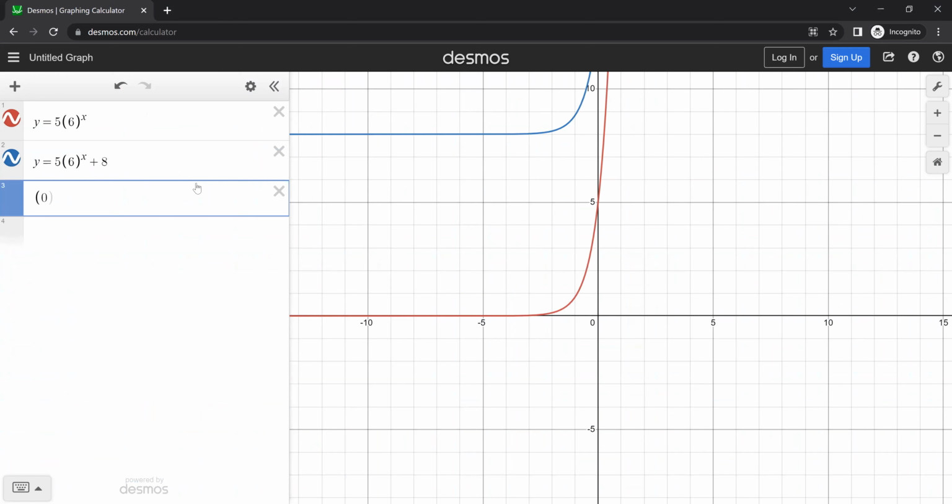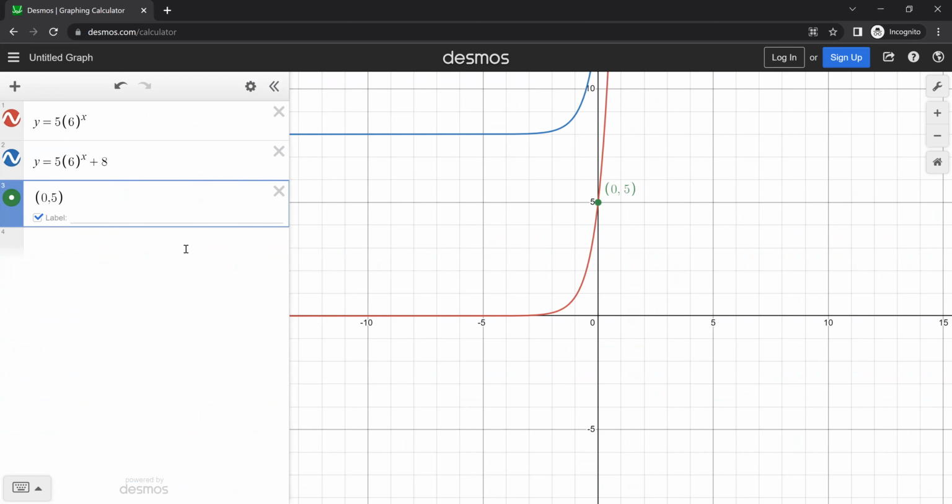Now sometimes it's hard to see graphically. Let me go back to the other window here. So if I get rid of some of this and I go +8, sometimes you can't tell what's going on until you have some sort of a point to look at. We need a known point on the red. So I'm going to put in a known point, 0, 5.